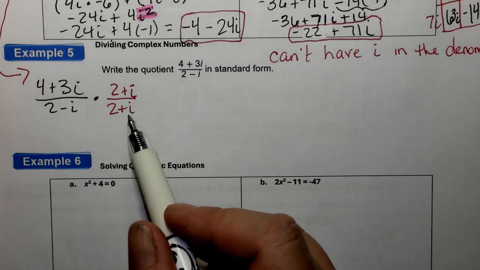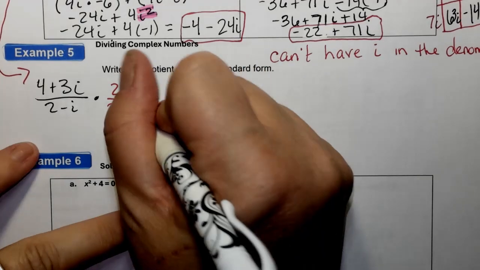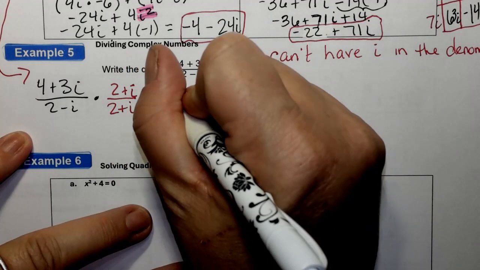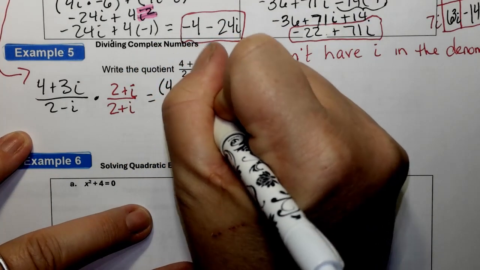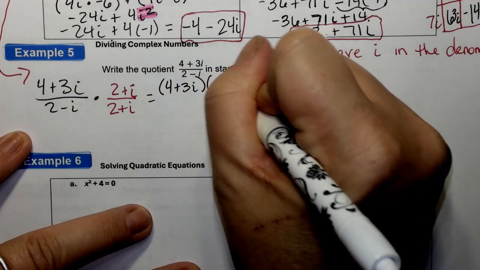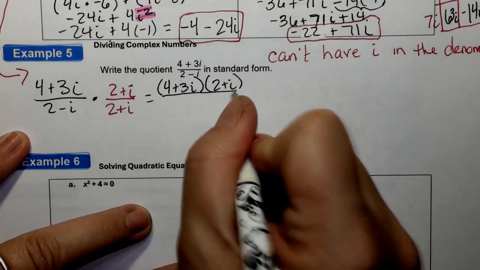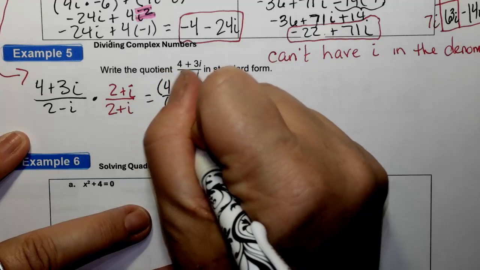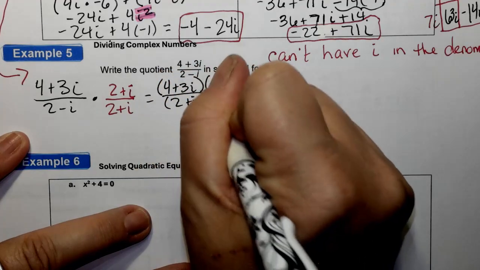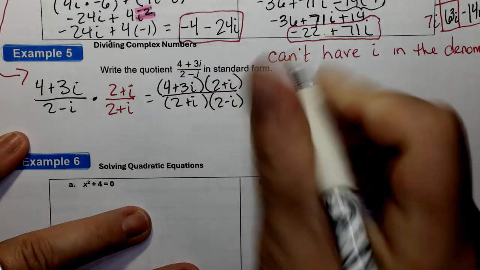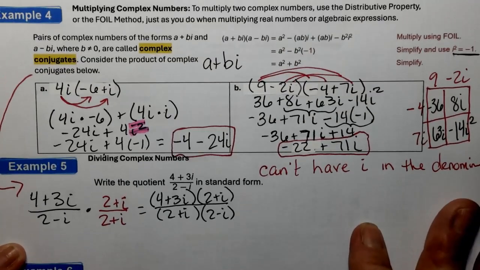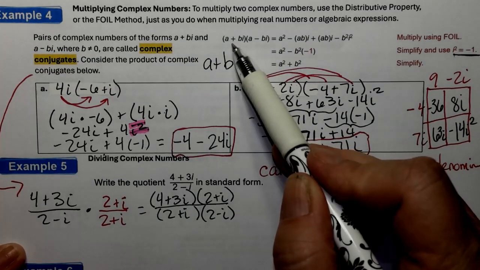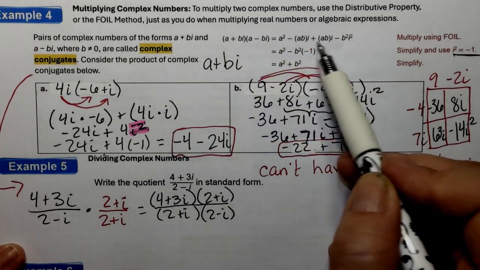All right, so now we're going to take what we just learned and do it twice. We're basically going to have 4 plus 3i times 2 plus i, and then on the bottom, 2 plus i times 2 minus i. Now, if you look up here, anytime you have something like this, your middle terms cancel out.